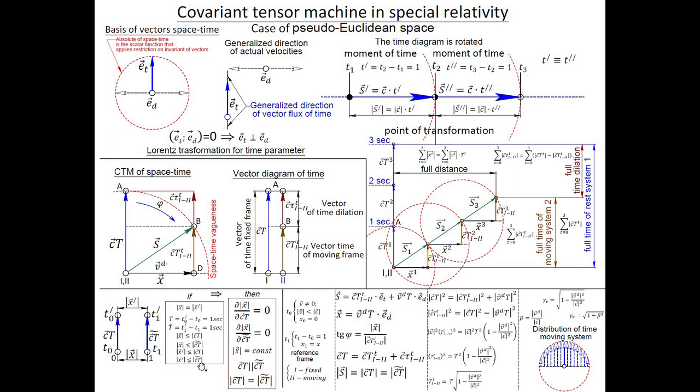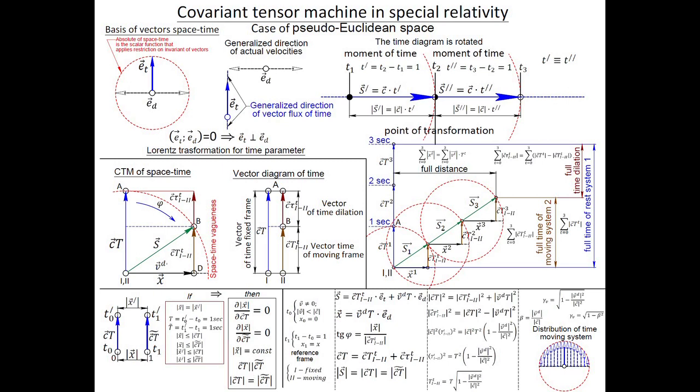In this case, the modules CT and CT wave are the maximum time distance. If the distance between 0 and 1 is constant, then the partial derivatives are equal to 0. Therefore, the moduli of CT and CT wave are equal to each other, and the vectors CT and CT wave are parallel.